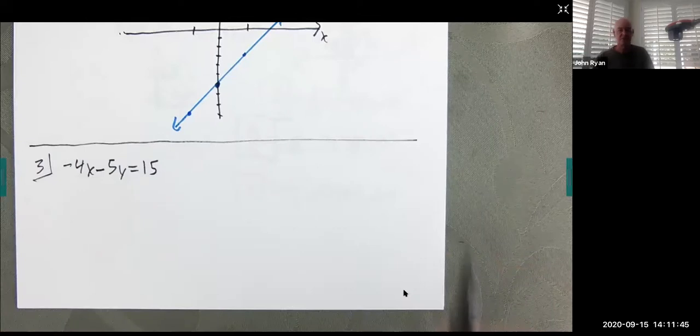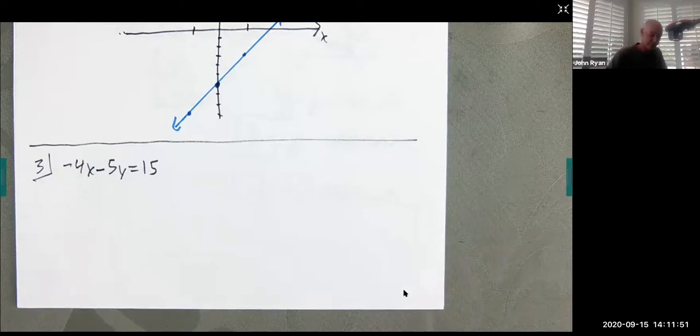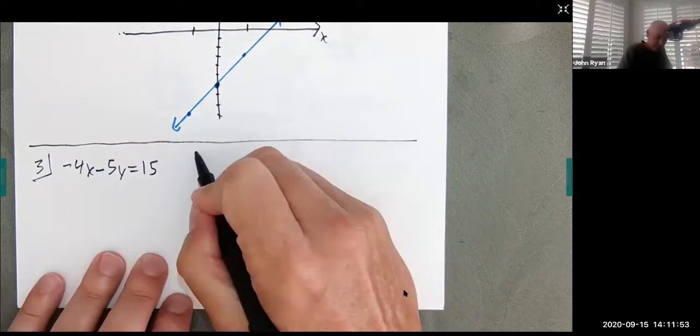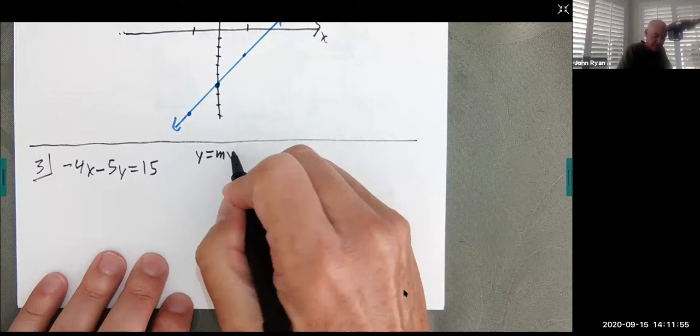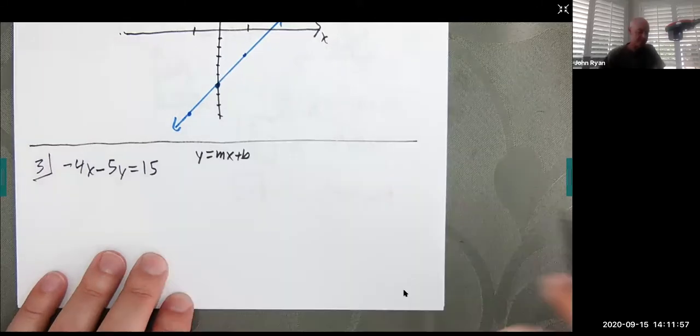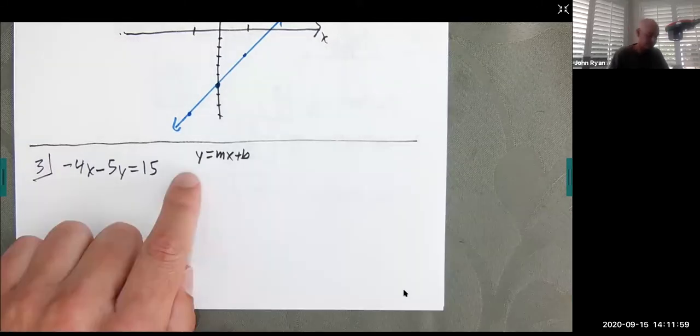And they ask us to change it into slope-intercept form first and then graph it. Slope-intercept form, if you remember, is y equals mx plus b. So I need to isolate y by itself.